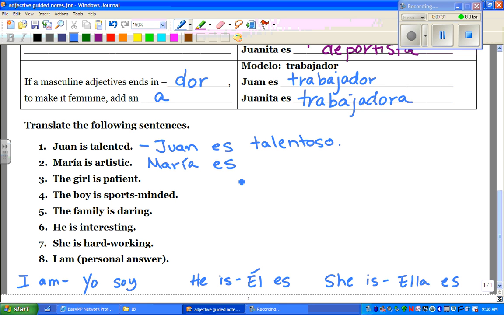When you look up artistic, you're going to see the word artístico. Can I just write artístico? No, I have to change that O to an A. Why? Because it's Maria. Okay, so artística, ending in your A. You guys try and finish up 1 through 8. Okay, go ahead.